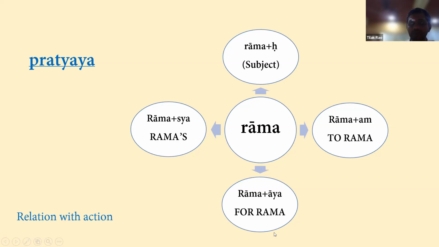So how it is connected with action, or for example, Ramasya is not connected with action. So whether it's connected with the action or not, and if it is connected, how it is connected, all this we get to know by adding these pratyayas. So Rama is something common. By adding different pratyayas, these relationships are known.